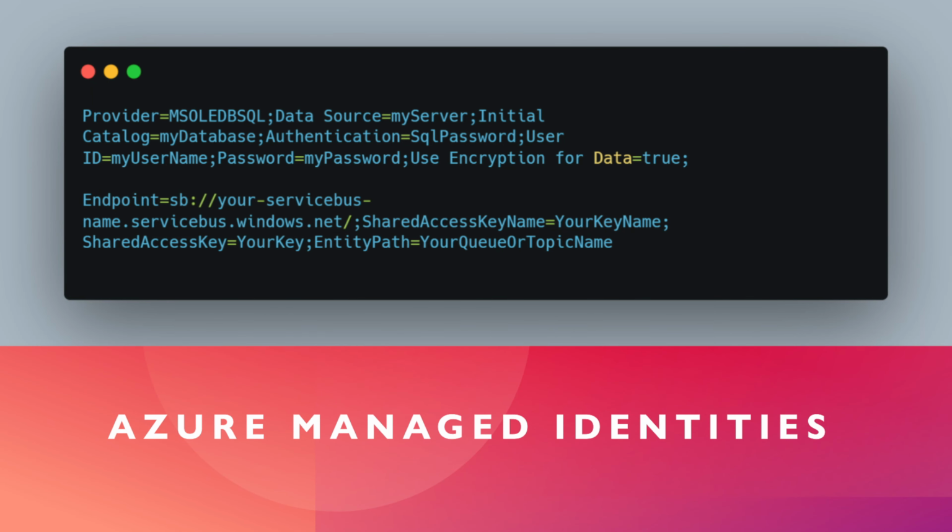As you can see on the screen, this is a very common example, the first one for a SQL database. We usually provide some information like the server, the database, and the type of authentication we use, a SQL password, and we provide a user ID and a password in this case.